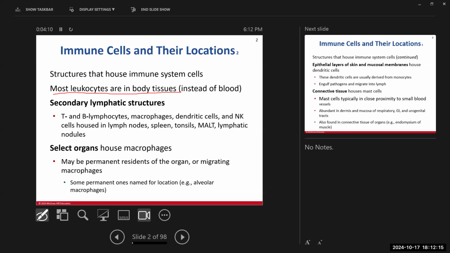If you think about it, especially if you live in an urban area, and I don't really consider Greenville too urban, but downtown is considered urban, you're going to have an increase in particulate matter in the atmosphere. Especially when we were dealing with COVID, an airborne illness, when you're inhaling these pathogens and viral particles, we need a first line of defense. These macrophages that hang out in some of those tissues are going to handle that.